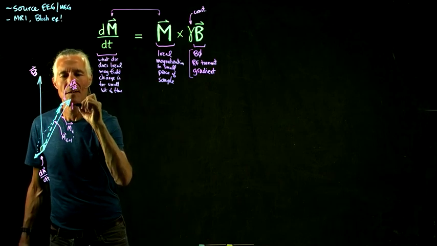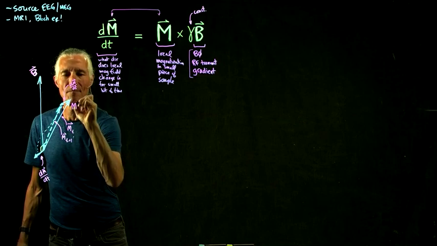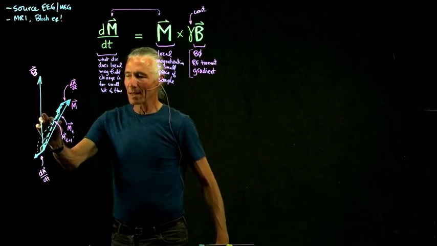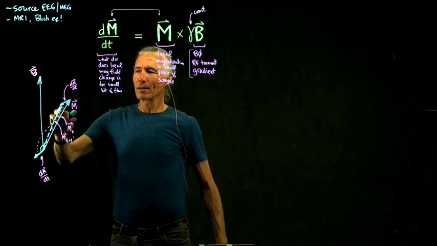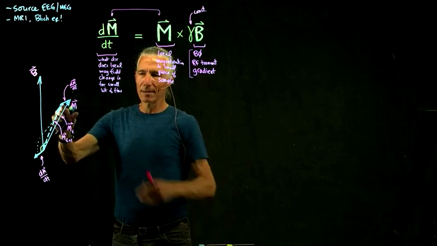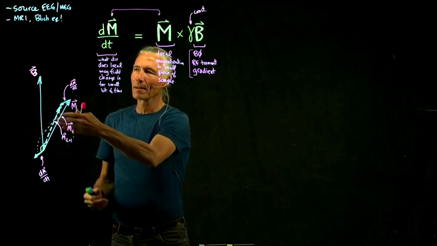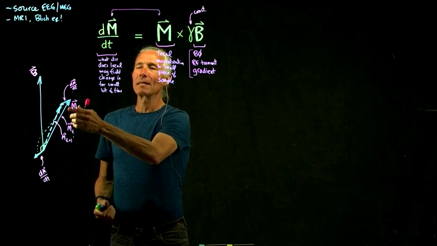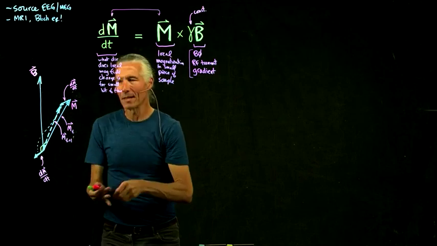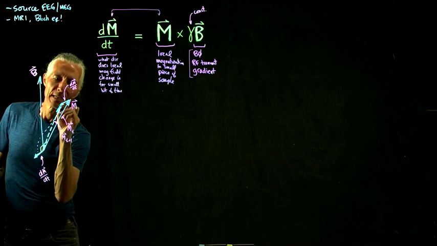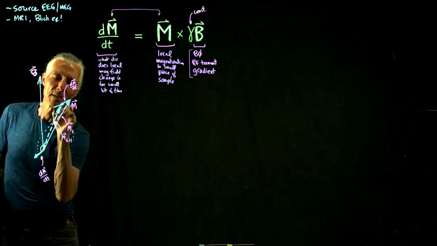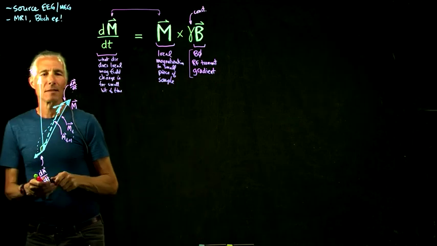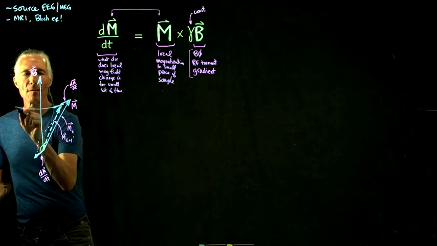So here's our M. That's going to make the plane between the B vector and the new M vector slightly different. It's going to rotate the plane a little bit. So we calculate again, and we'll get another slightly different dM/dt vector. And if you just do that, you can see it's going to go around like this.